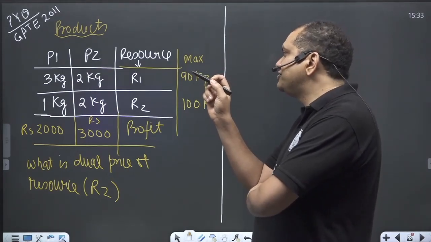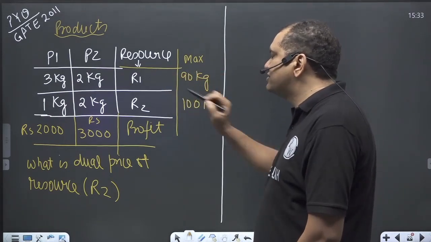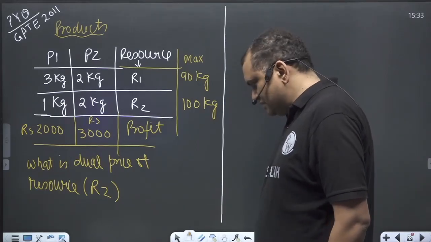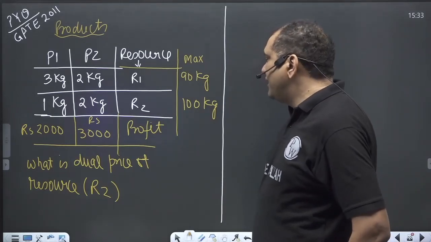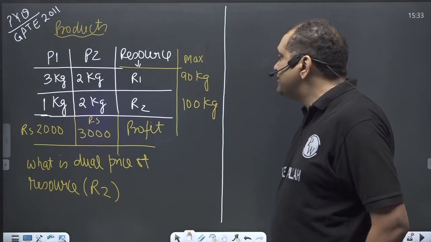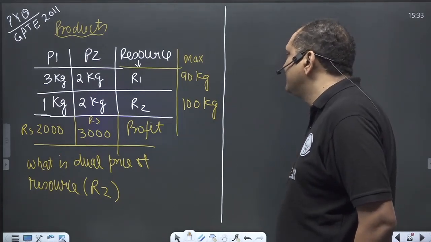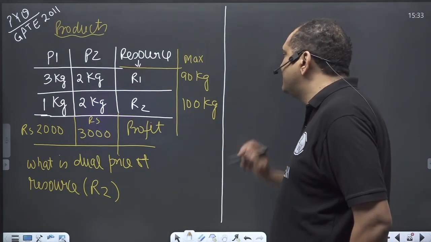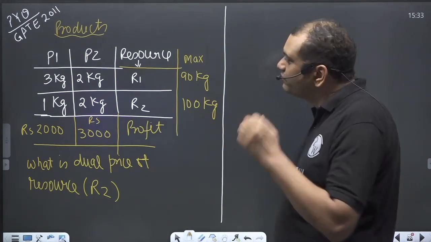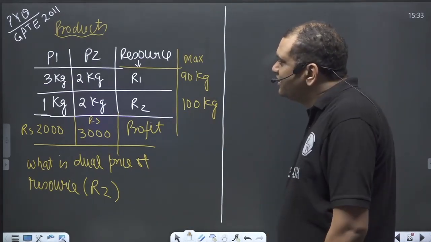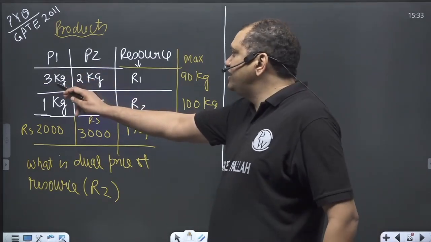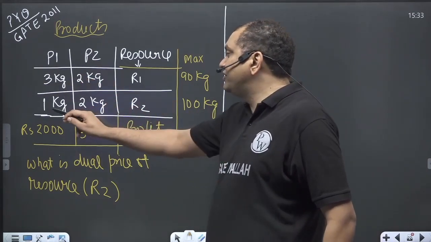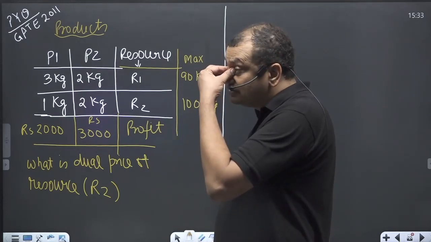There are two resources, resource R1 and resource R2. Maximum capacity available for resource R1 is 90 kg, and for resource R2 it is 100 kg. P1 requires 3 kg of resource R1 and 1 kg of resource R2.